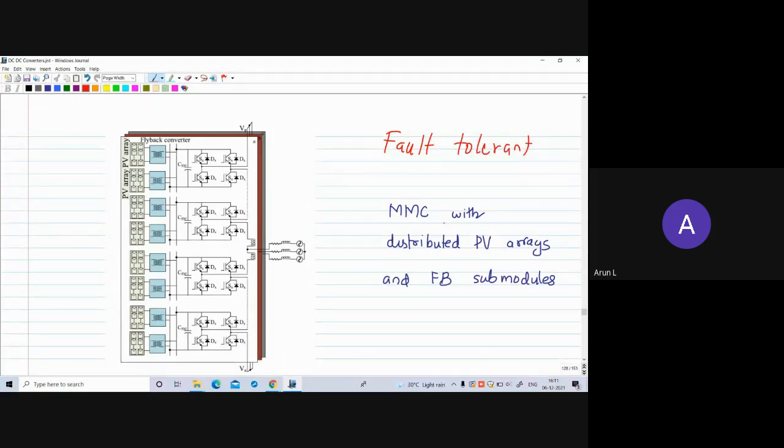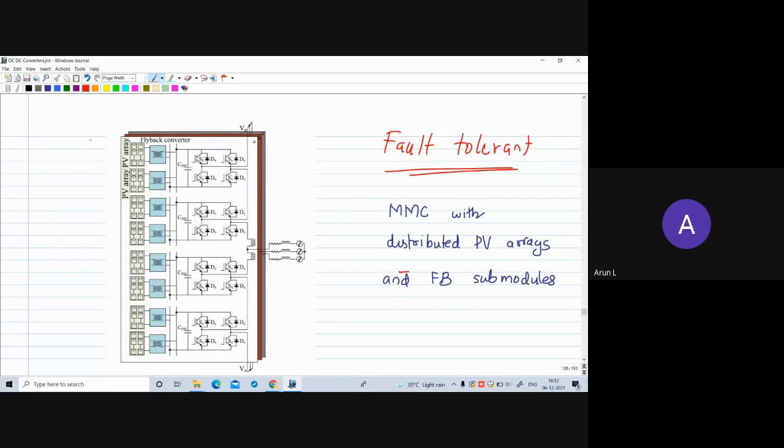Even if one switch or one module in a modular multi-level converter fails, still the converter can operate with reduced capability. Whereas if we are using a conventional voltage source inverter or a current source inverter, if one switch fails, we have to completely shut down the system. Whereas in a modular multi-level converter, this is another attractive feature. We have a fault tolerant capability.